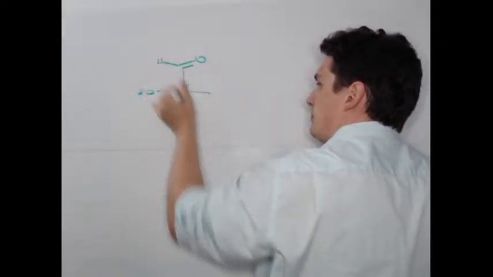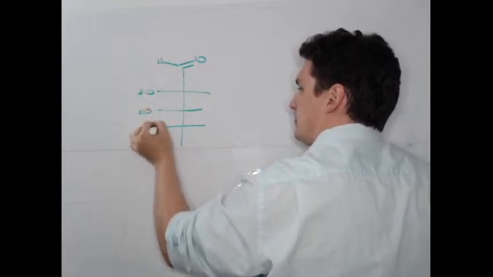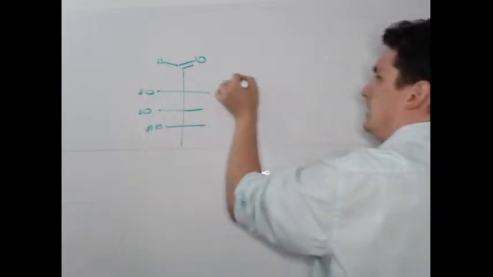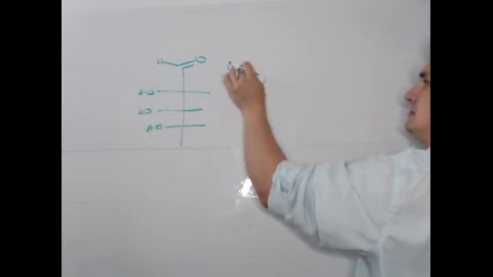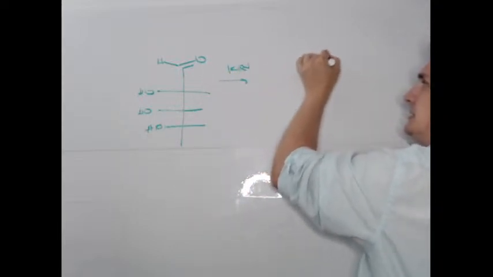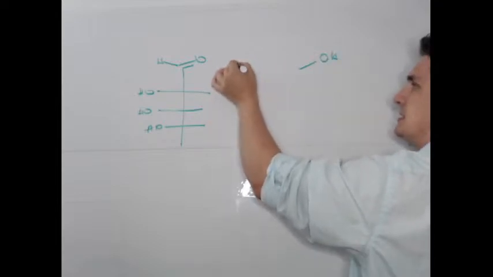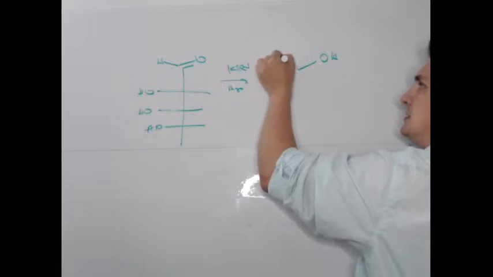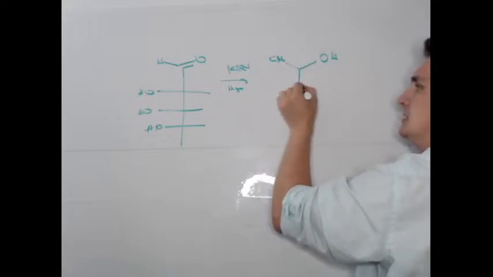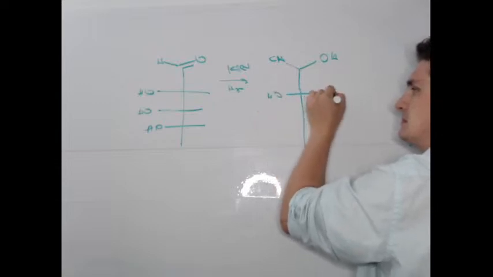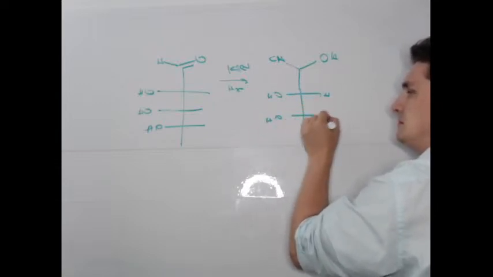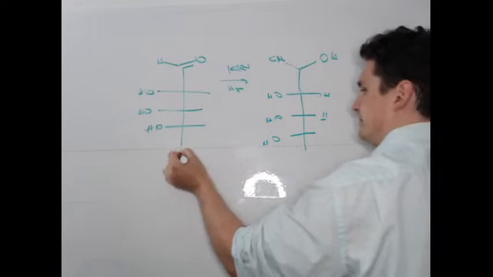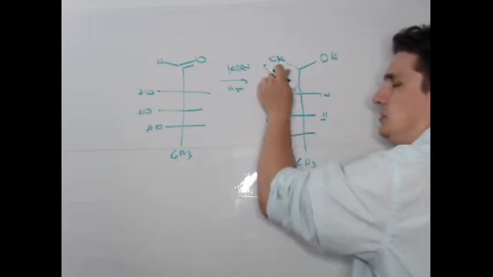So if you have something like this and you first hit it with potassium cyanide, KCN, followed by water, you can get cyano addition.